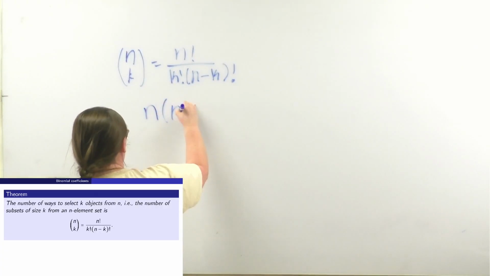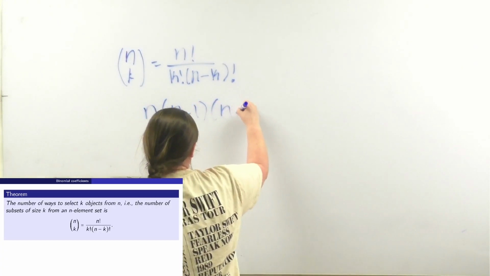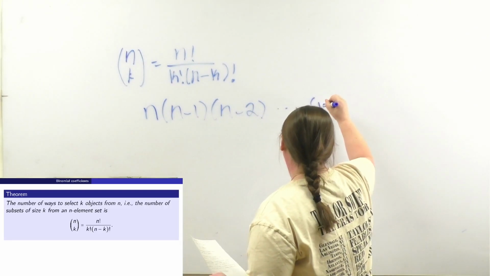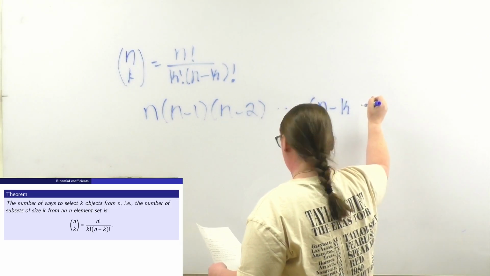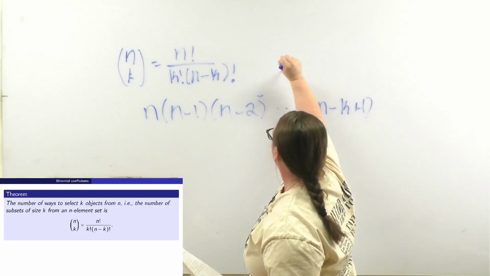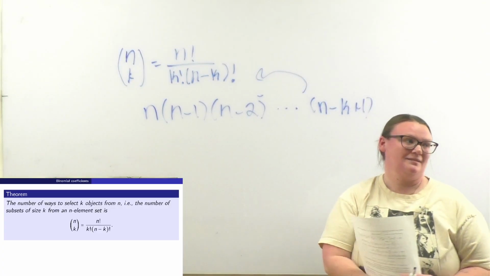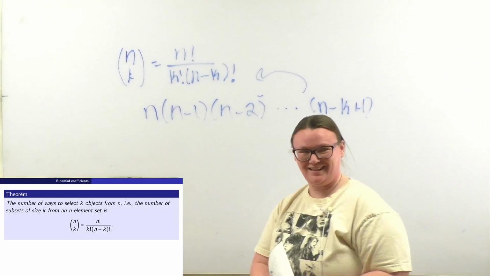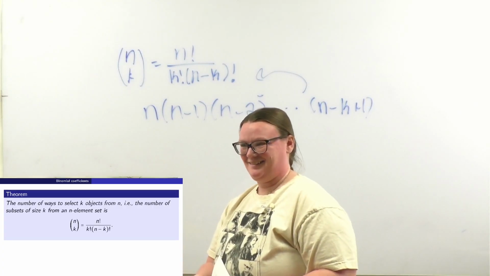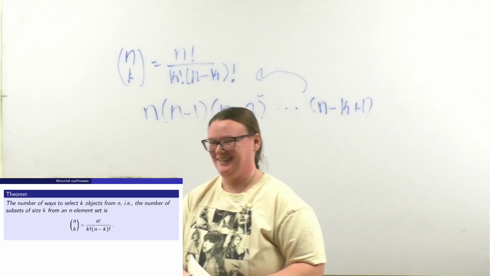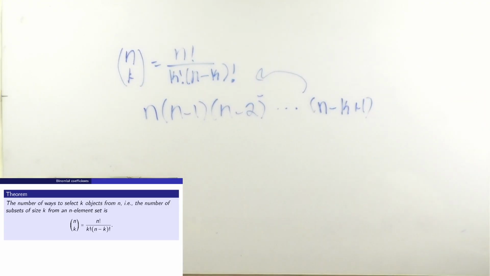So we've got n times n minus 1 times n minus 2 down to n minus k plus 1 is equal to this. Oh, geez. How do we feel about that? Pretty good? Awesome. Good enough to give myself a QED? I would not choose that. Okay. All right, continue forward, please.